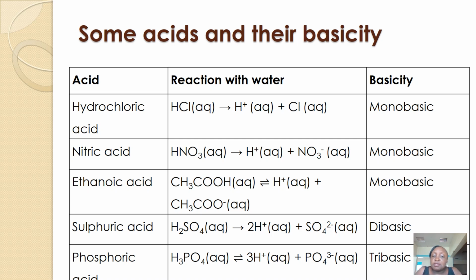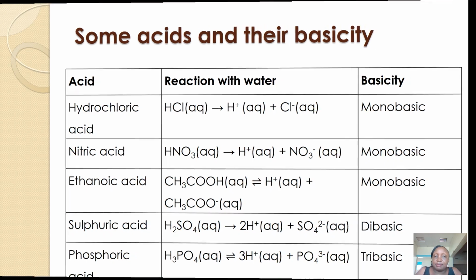Then lastly, you have phosphoric acid, which also ionizes to give us 3 moles of hydrogen ions and a phosphate radical. We say it is tribasic because it has a basicity of 3. It gives us 3 moles of hydrogen ions.